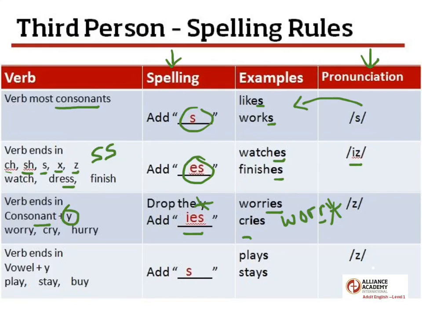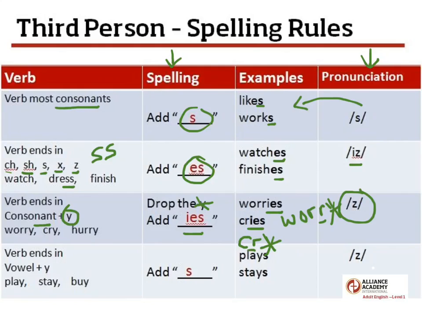Same thing with the word cry. Originally, it had a Y. We have a consonant plus a Y. We take away the Y, and we add IES. Pronunciation. Exactly like the Z sound. So we would say cries and worries.